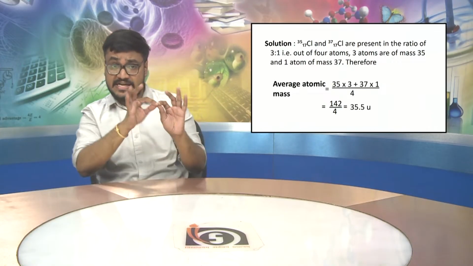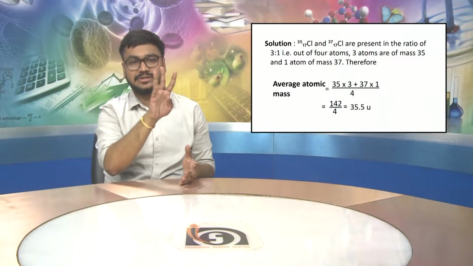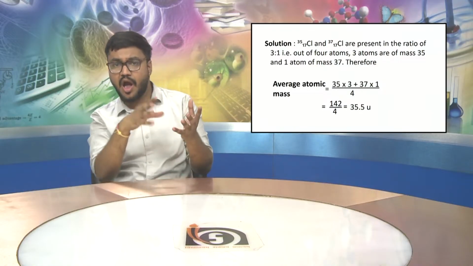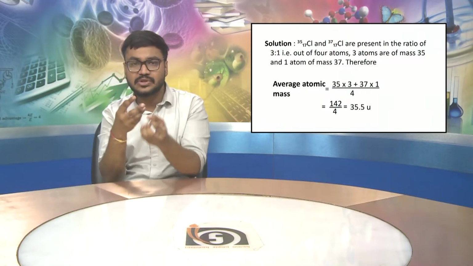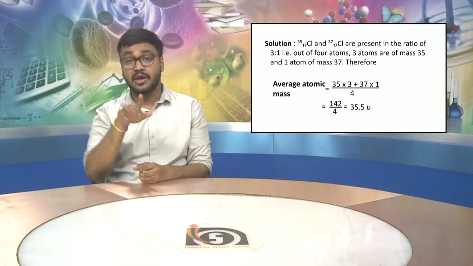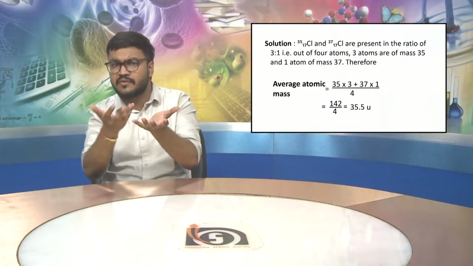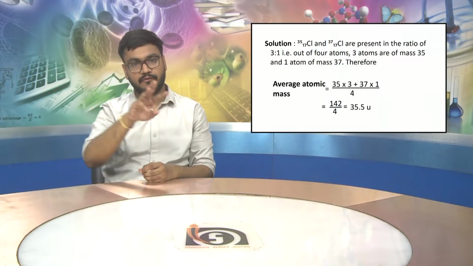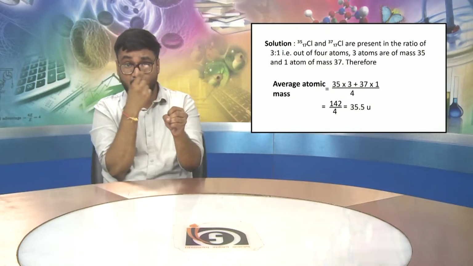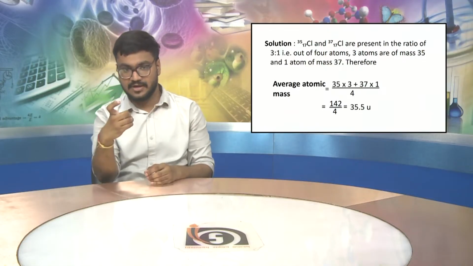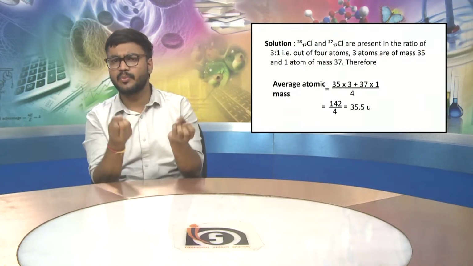So, there are two chlorine isotopes present in the ratio of 3:1. That is, out of 4 atoms, 3 atoms are of mass 35 and 1 atom of mass 37.